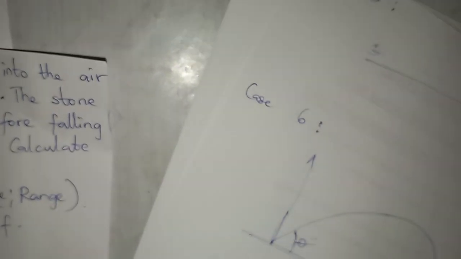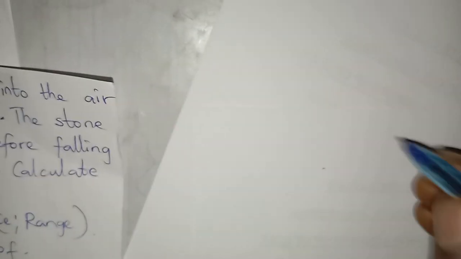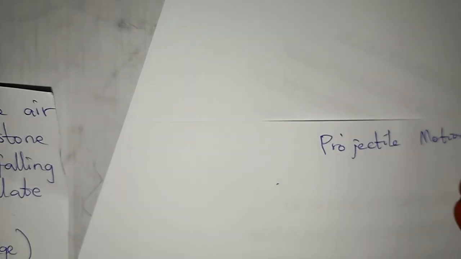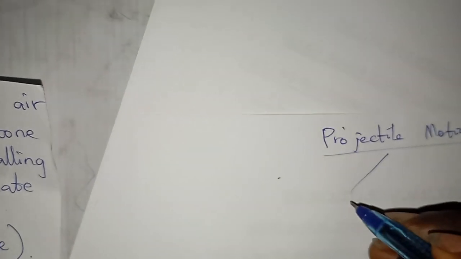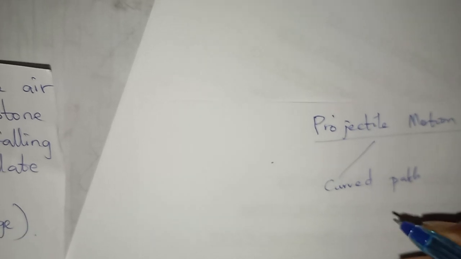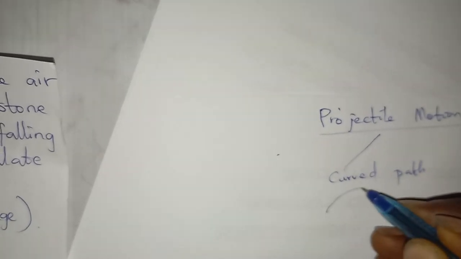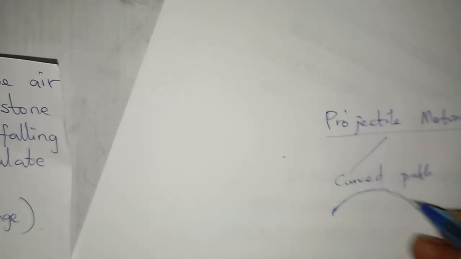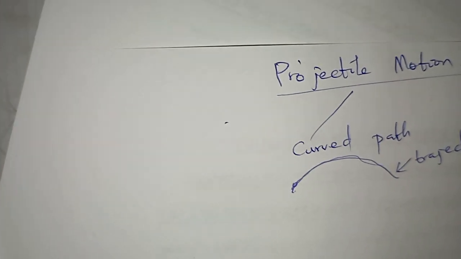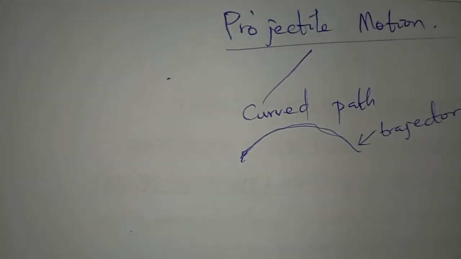We know that projectile motion is the motion of a body through a curved path, and the path that it traces is what we call the trajectory.